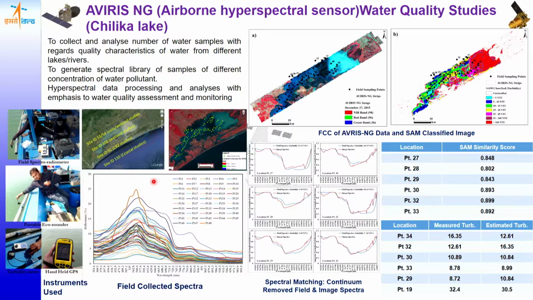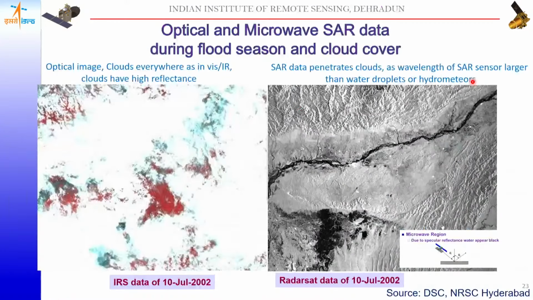This is one example from Chilika Lake, where our team went to the field with a spectroradiometer, collected the spectra, and then correlated it with the imaging spectroscopy data sets and generated the spectra using the spectral matching technique to generate quantifiable water quality parameters, in this case the turbidity.